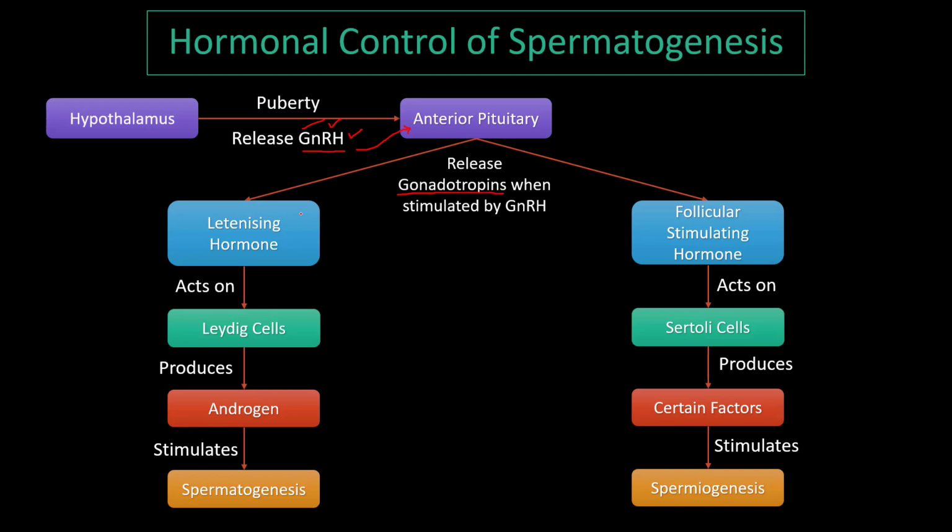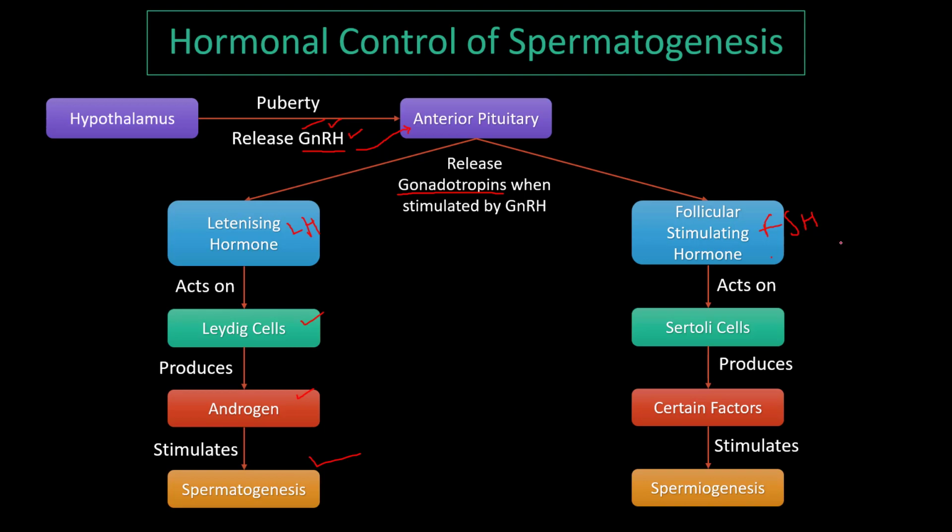There are two. One is the LH or luteinizing hormone, and the second one is the FSH or follicle stimulating hormone. Now remember, the LH acts on the Leydig cells. Leydig cells are also known as the interstitial cells, and they will produce androgen, and this androgen is going to stimulate the process of spermatogenesis.